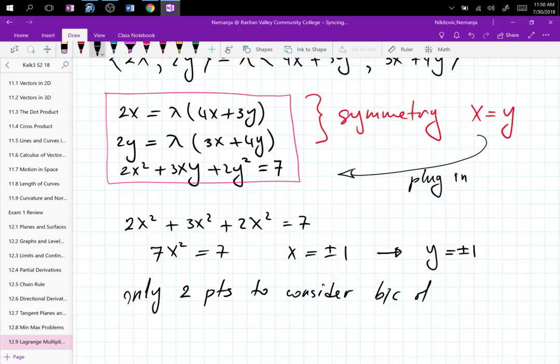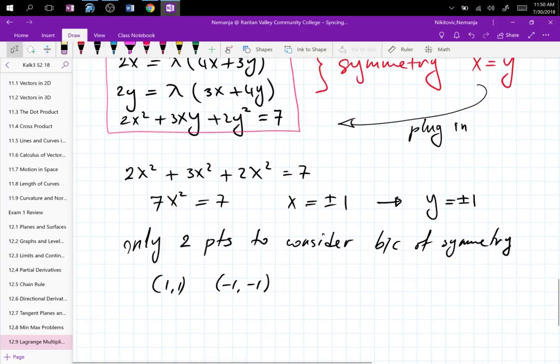Because of symmetry, that will be 1, 1 and negative 1, negative 1. Now, these are the 2 points that you will plug into your objective function, and they're both going to give you the same value. Then you have to go and figure out whether it's a min or a max.